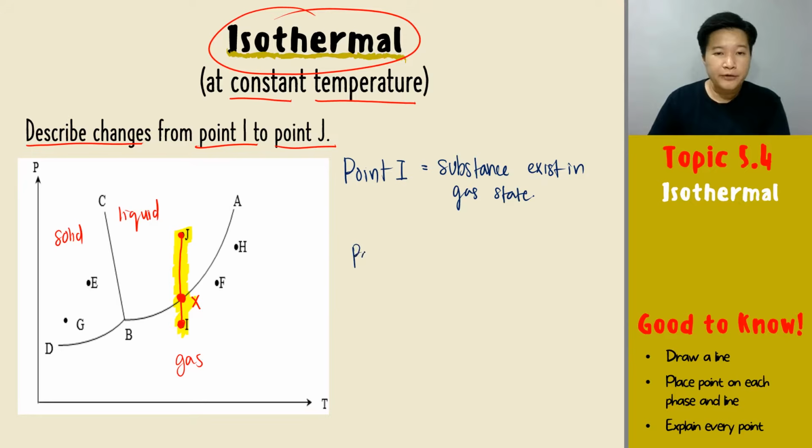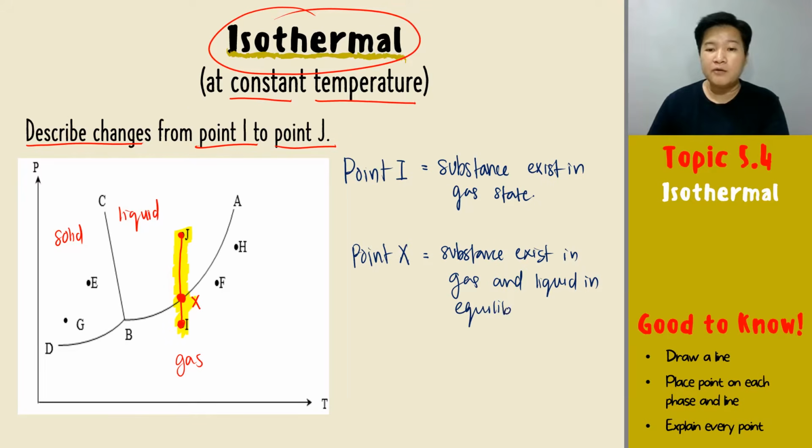Moving to your point X, the point that we add in by ourselves. So in the point X, substance exists in gas and liquid in equilibrium. Bear that in mind whenever it's on the line, which means the 2 phases between the line are in equilibrium.